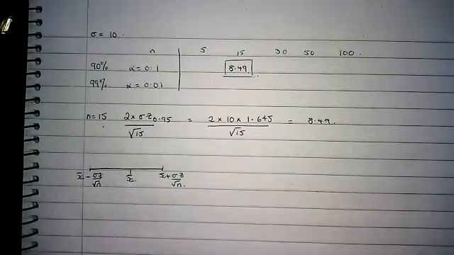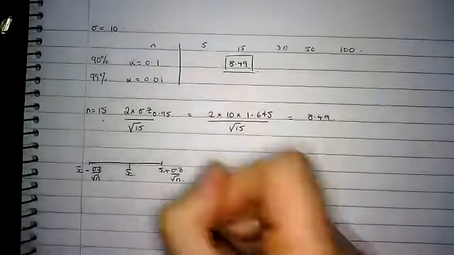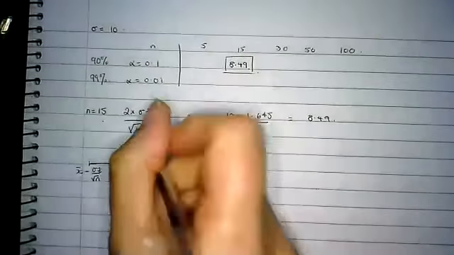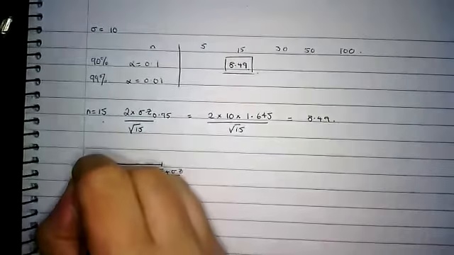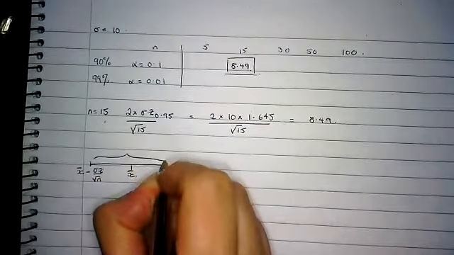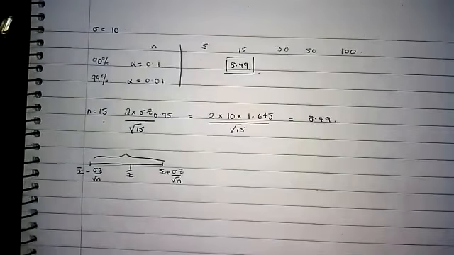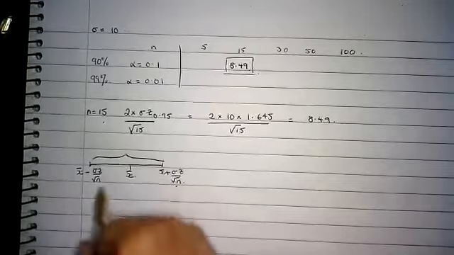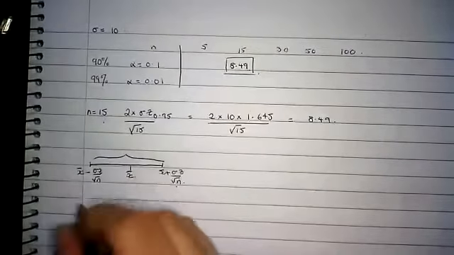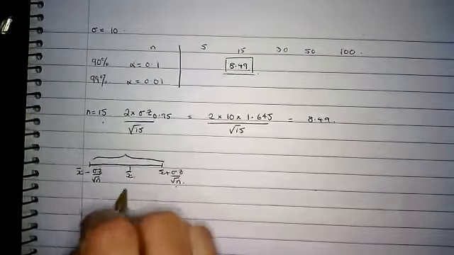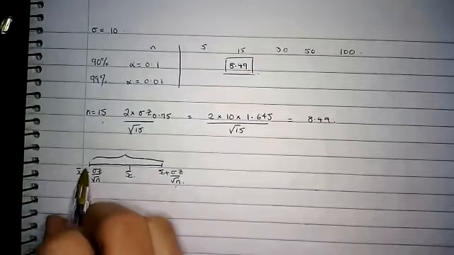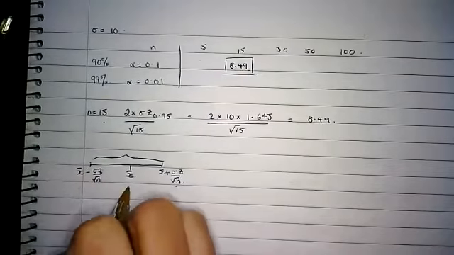Now, the total distance that I'm interested in for the width of the confidence interval is all of this distance here, which logically is going to be this one minus this one, which is going to give me twice this distance between the edge of the confidence interval and the mean.